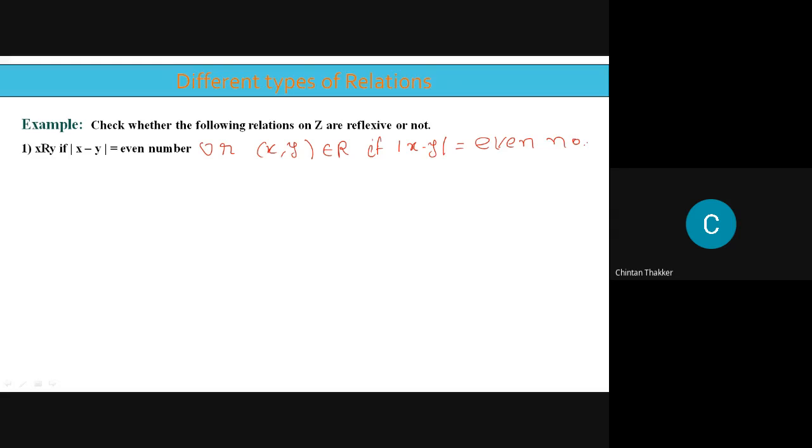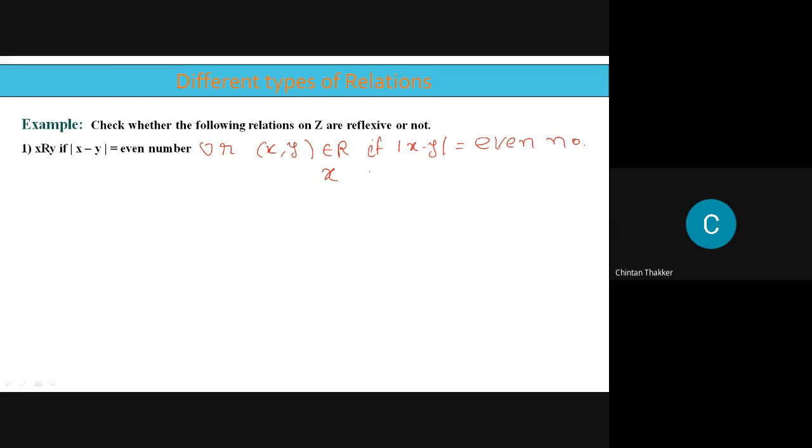But when you want to prove that it does not satisfy the condition, meaning the relation is not reflexive or not symmetric, in all these cases you have to use a counterexample. You have to take a specific element and show that for this element the condition is not satisfied.